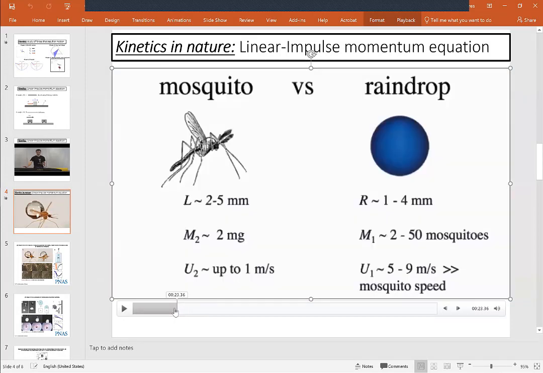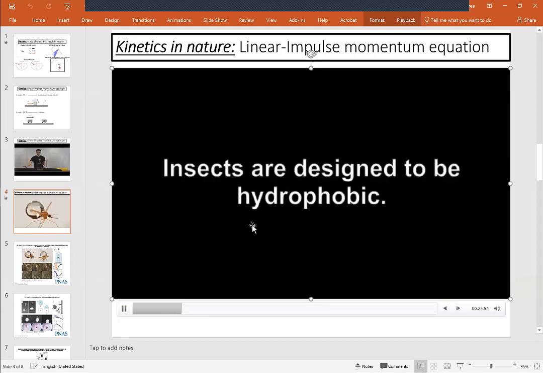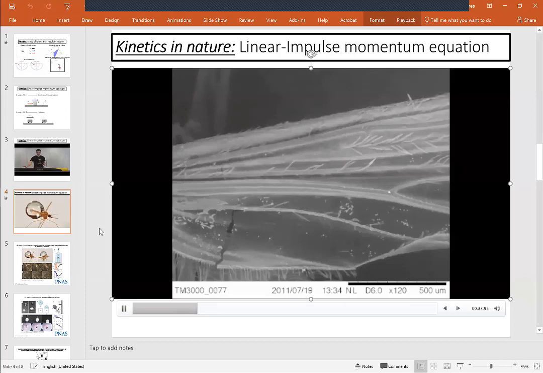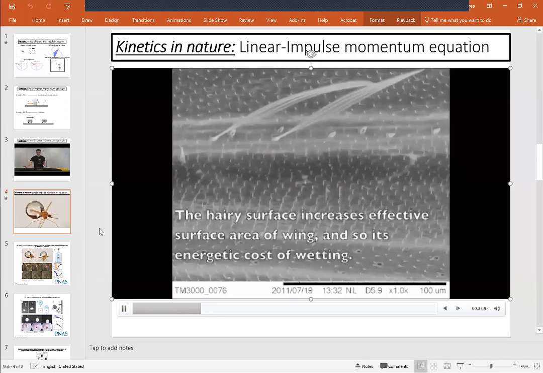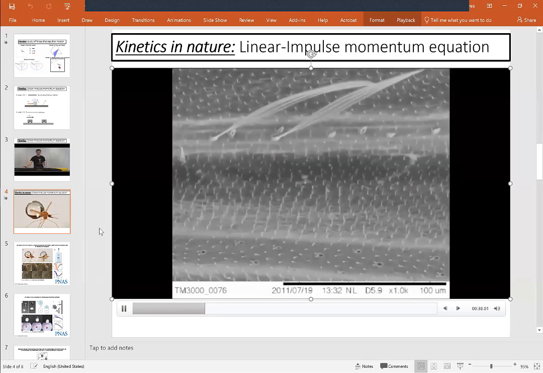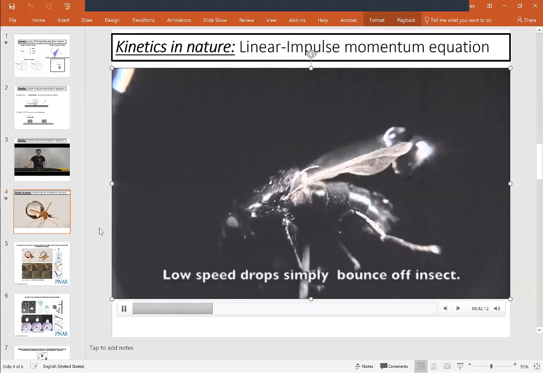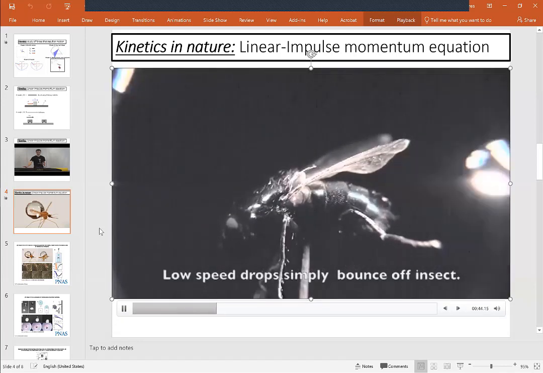So what happens is this. Mosquito skin is hydrophobic, right? They are afraid of water. That's the literal translation from Greek of hydrophobic. What it means physically is that when a raindrop hits the mosquito, it doesn't break. What does it do?